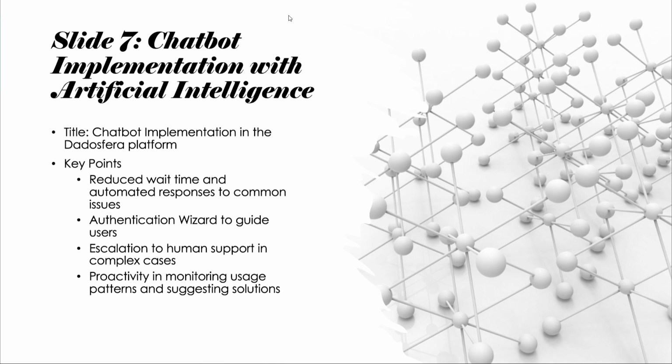Now with slide 7, we are going to talk about the chatbot implementation with artificial intelligence. Why this? This is to reduce the wait time and automate responses to common issues.